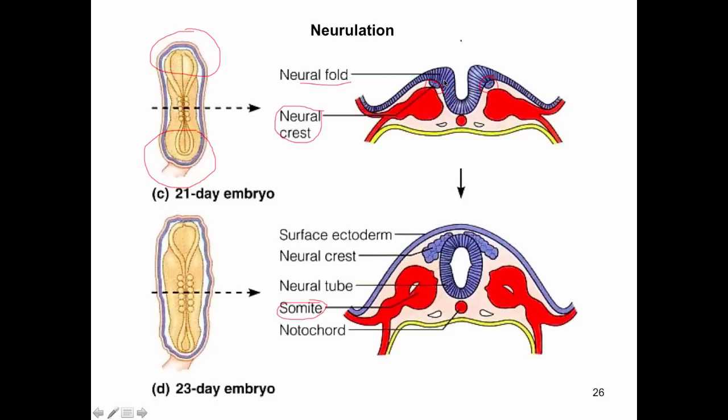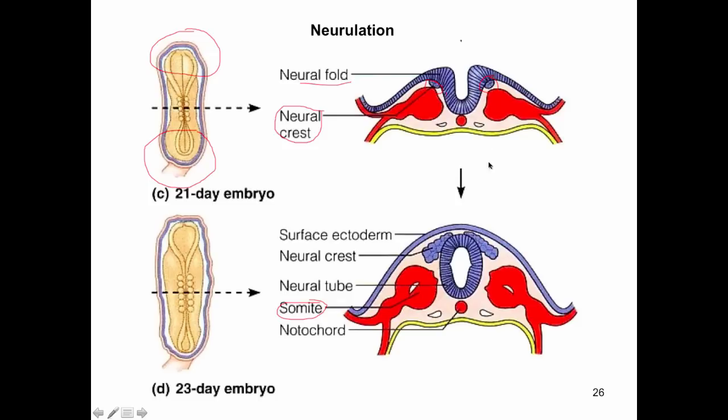Okay? So you can see how the spinal nerves and the cranial nerves are all forming alongside some of the targets of innervation, and also the bones that are going to encapsulate this nervous tissue.